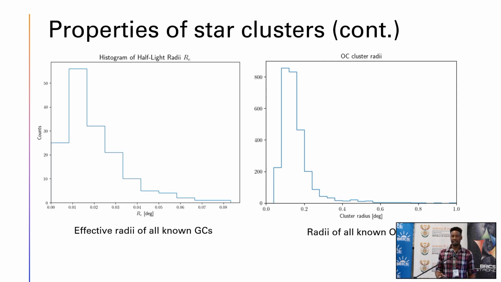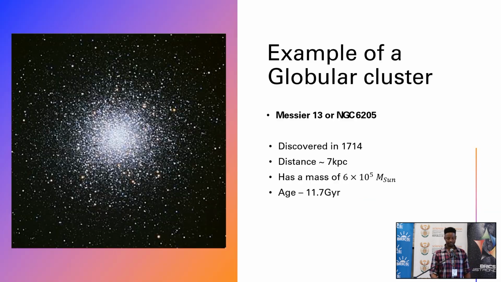I assume that has to do not just with the fact that globular clusters are really dense, but that open clusters also tend to be found much closer to the sun.